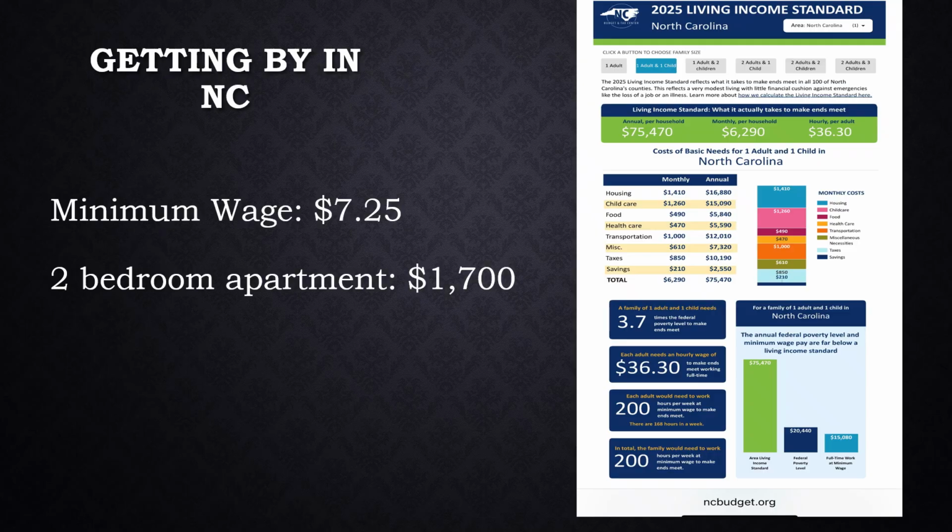A couple of other quick notes that I found. In North Carolina, if you break it apart just by income, 17% of the people are making 150,000 or more. 16.5% are at 100,000 to 149,000. 13% are 75,000 to 99,000. 17% are 50 to 74,000.